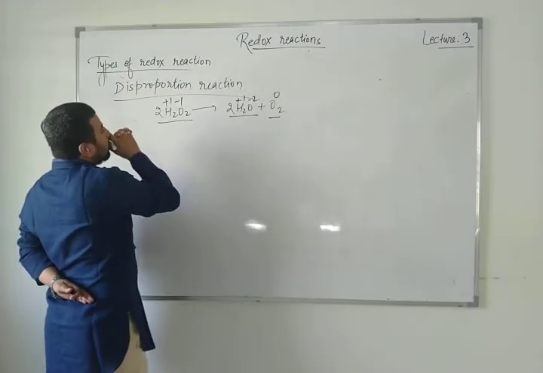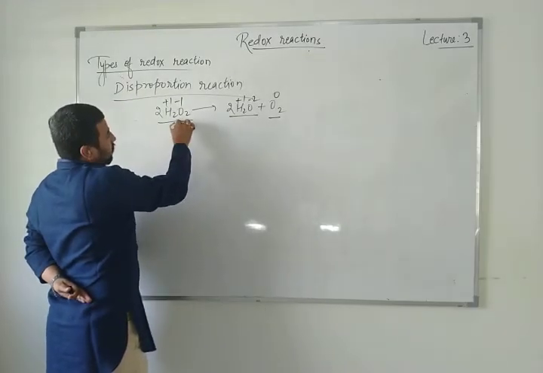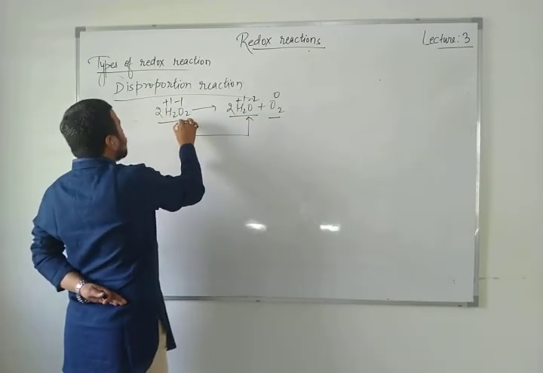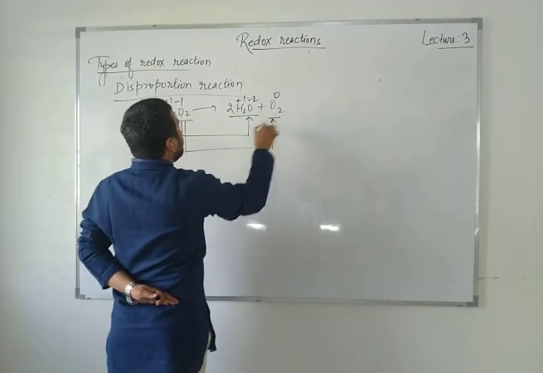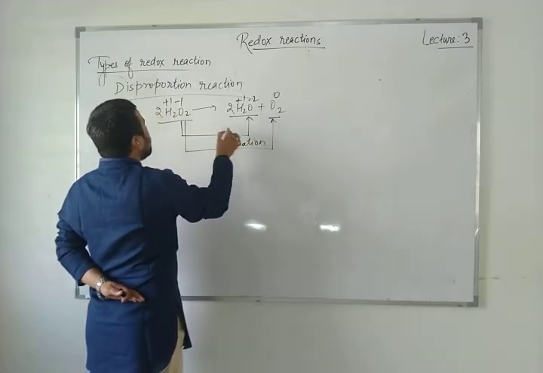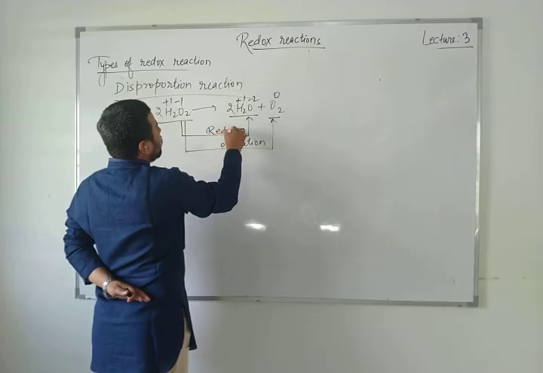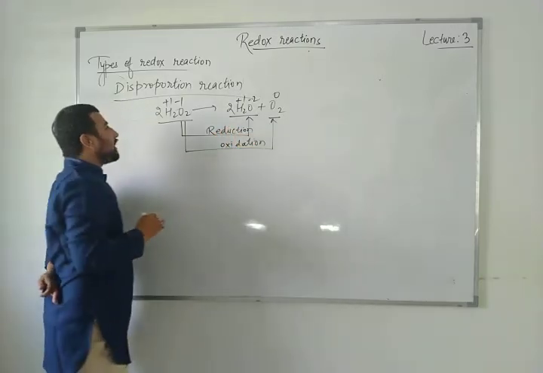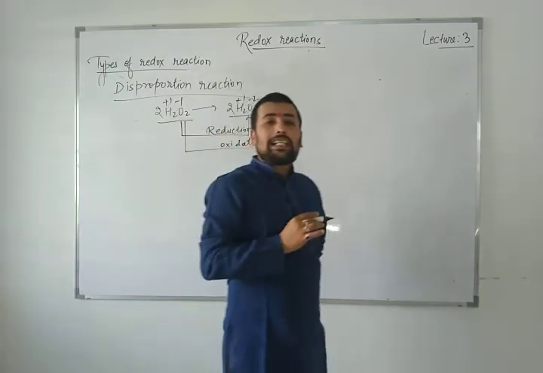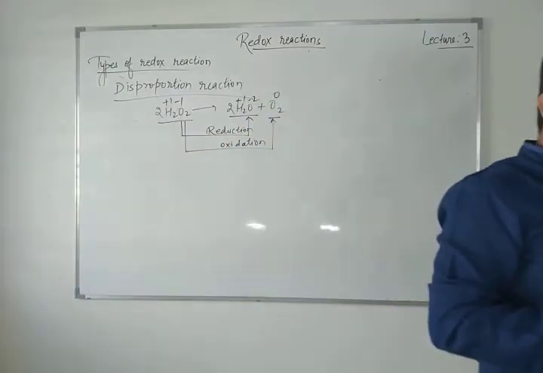So minus 1 to 0 is oxidation and minus 1 to minus 2 is reduction. So you can say this reaction is a disproportionation redox reaction.